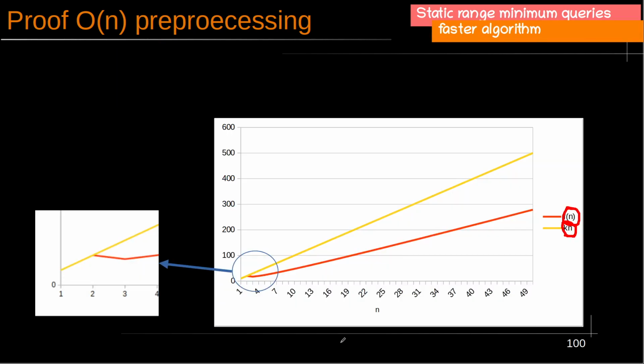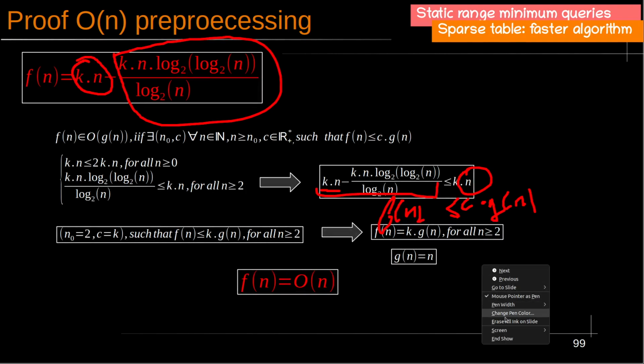As you see in the graph here, from 2 on, our function kn is greater than fn. So we can say that kn is the asymptotic upper bound of fn for all n greater than or equal to 2.